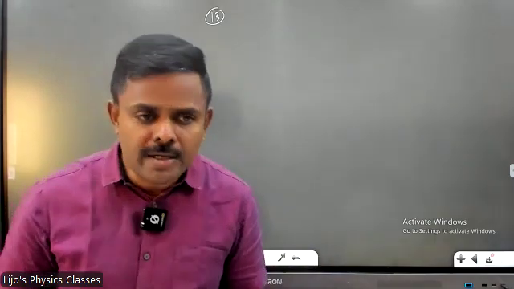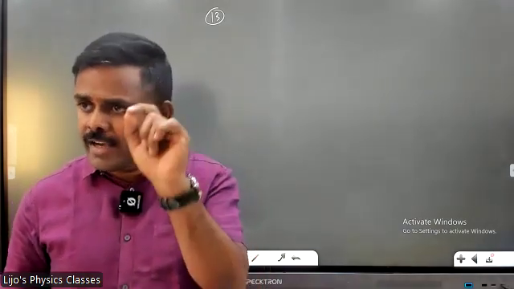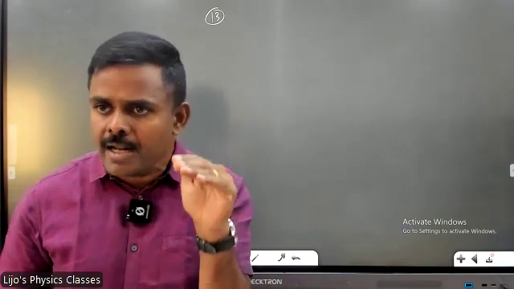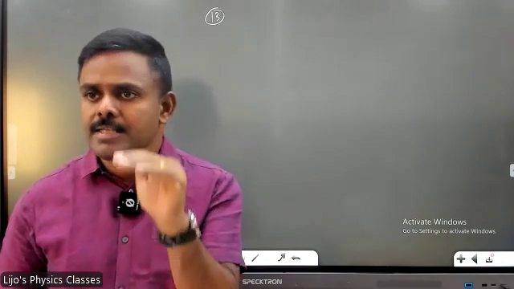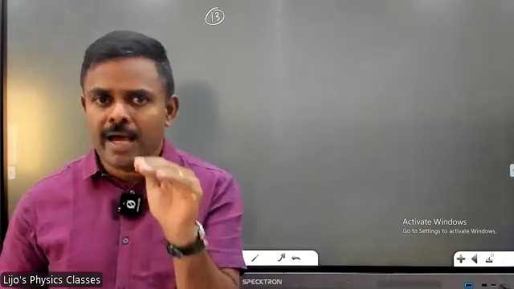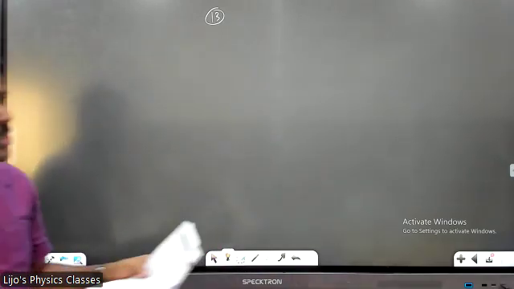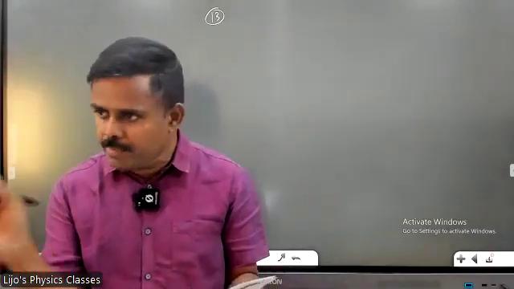That happens when minimum deviation happens. Check the notes we have written. At minimum deviation, the ray passes parallel to the base.